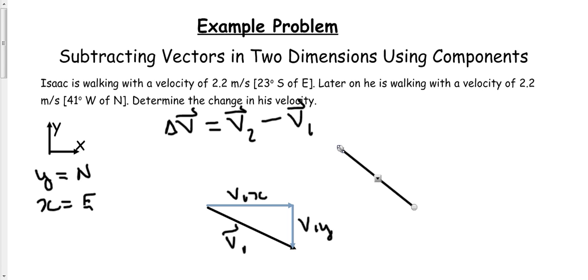So that would be roughly there. Now we'll find the components of that one. The components of that one are going to be roughly like this and like this. Let's write in the values here. This is v2.